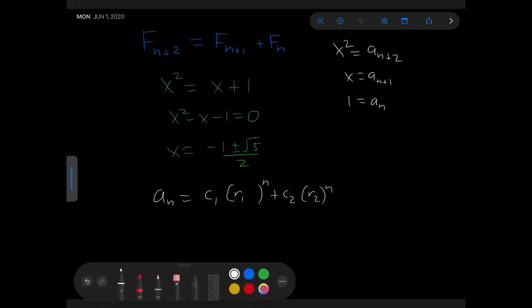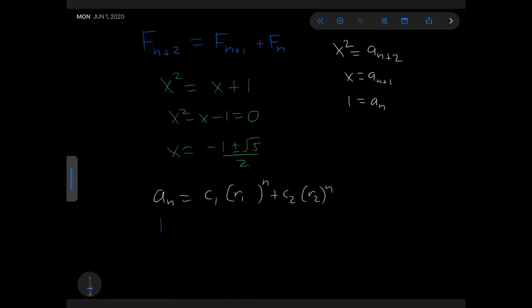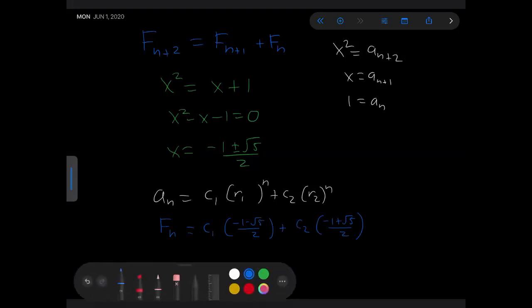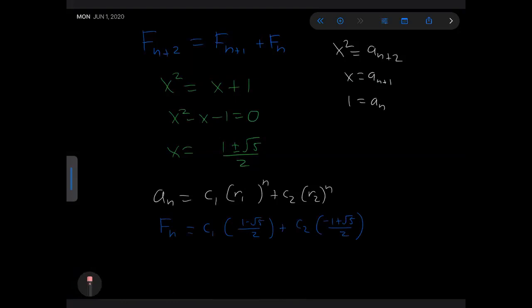What it's saying is the nth term of the Fibonacci sequence is going to equal a constant times this nasty number plus another constant times this nasty number. Give me a second, I added an extra negative for no reason. There you go, I fixed it.